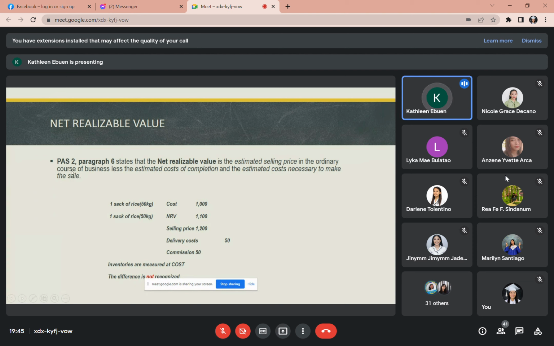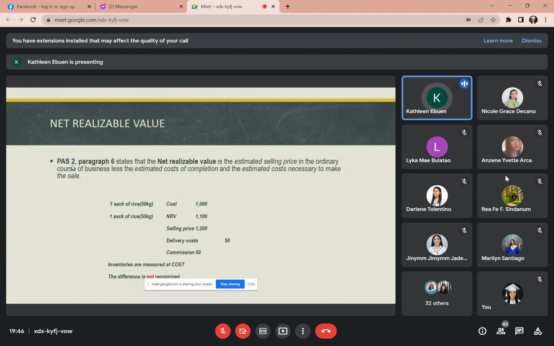So under PAS 2, paragraph 6 states that the net realizable value is the estimated selling price in the ordinary course of business less the estimated cost of completion and estimated cost necessary to make the sale. So it means na yung net realizable value is what the company expects to realize or recover from the sale of inventories.